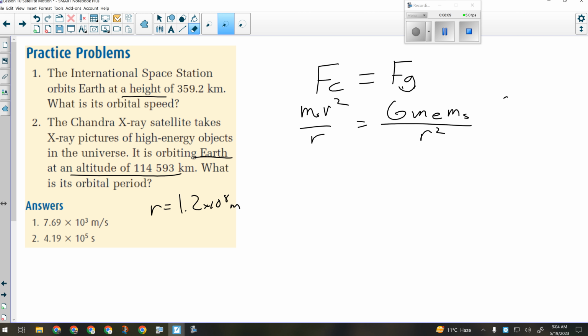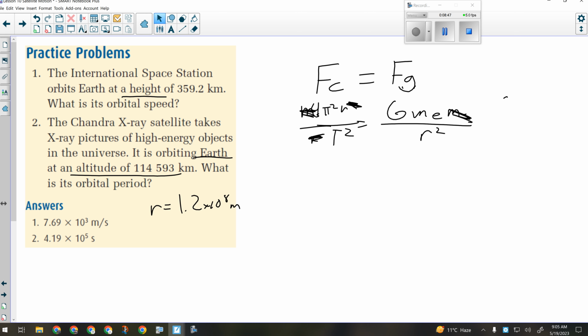Now, I don't have v, but I have r, so I'm going to substitute in that formula: 4 pi squared r squared over t squared, and put that in here for v. Obviously the mass of the satellite is going to cancel because it's on both sides. This squared cancels that r down there, and I'll be left with this.